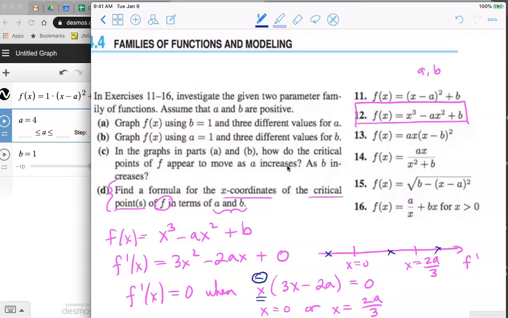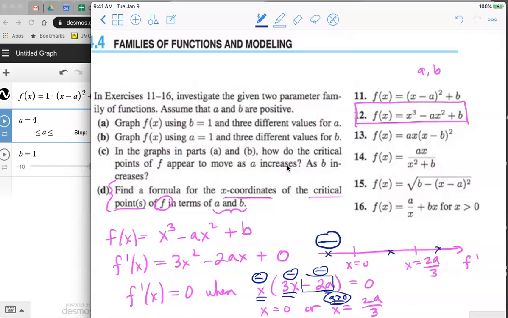If we assume that a is a positive number, then negative 2a is going to be a negative number. And when x is negative, this will also be a negative. So the whole result will be negative, no matter the value of a, so long as a is positive.